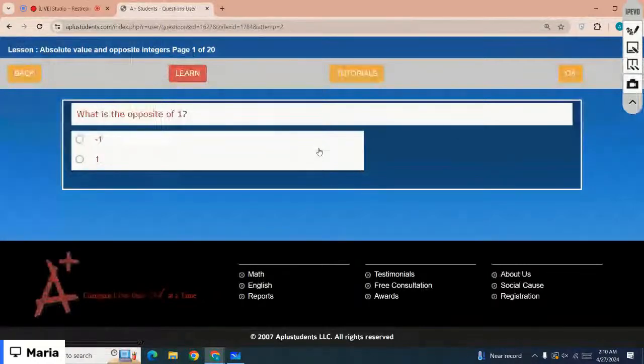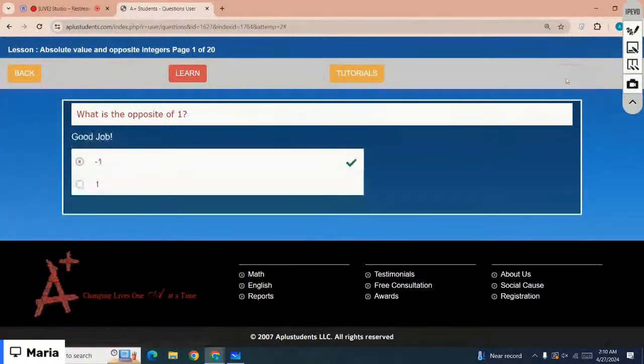What is the opposite of 1? Which is the correct option? That would be negative 1, right? On the other side, the same number with the opposite sign, so that would be negative 1.